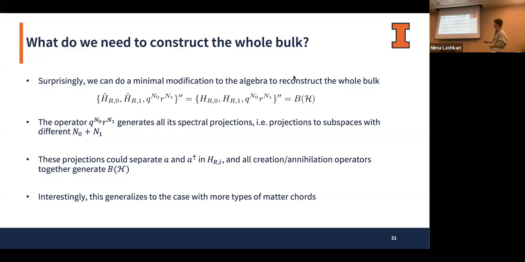With these projections, you can separate A and A dagger in these H operators, and then you can show that with all A and A daggers acting on one side, you can reconstruct everything in BH. This actually generalizes to the case with more types of matter chords. That is, no matter how many kinds of matter you have, by just adding this kind of operator, this generalized wormhole length operator, you can generate everything in the block.